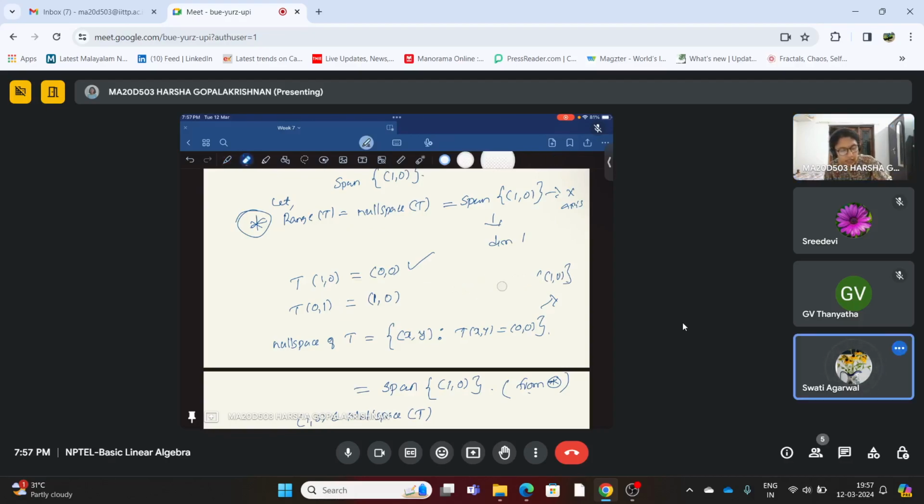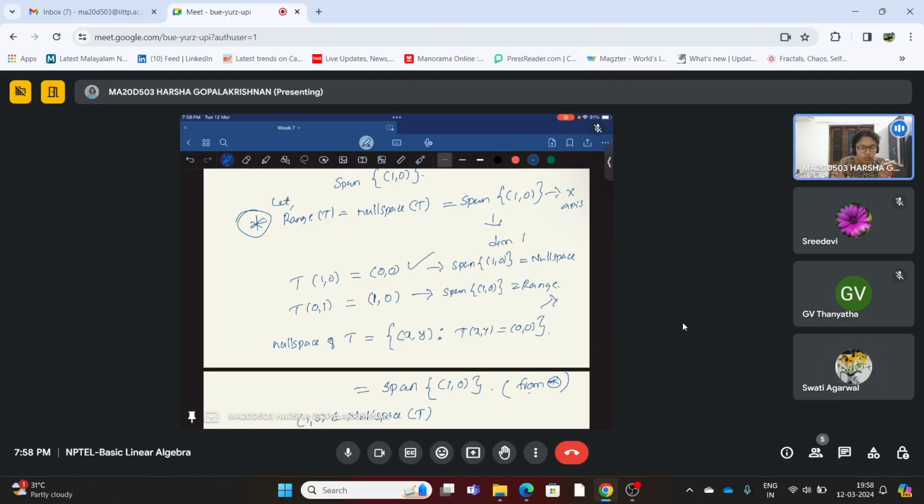Now, what we got from here is (1, 0) and all the multiples of (1, 0). That is, the span of (1, 0) is the null space. And since (0, 1) is mapping to (1, 0), from here we get the span of (1, 0) as the range.